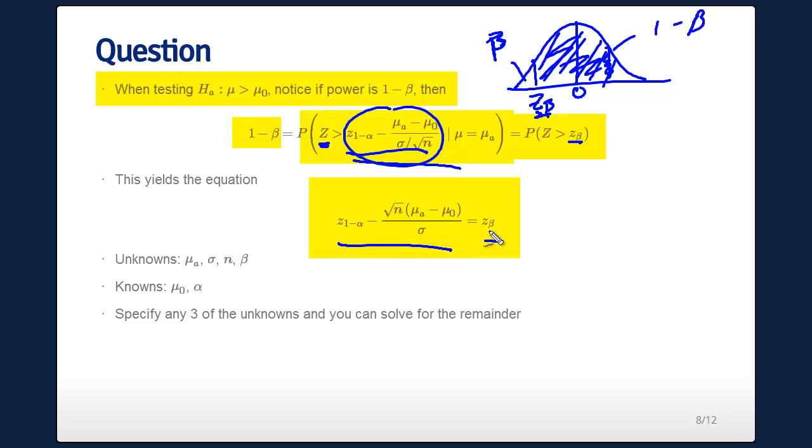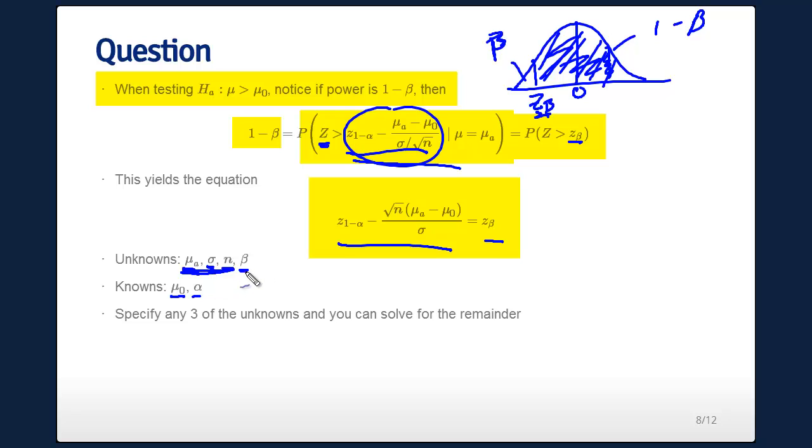So here's my point. This is an equation now. Here's what we typically know: we typically know the value of mu under the null hypothesis, and we know alpha. But we don't typically know mu A, sigma, n, or beta. If you specify all of these except for one, then you can solve for the other one. So you can say, given my sample size, my alternative value, and my sigma, what power will I have?